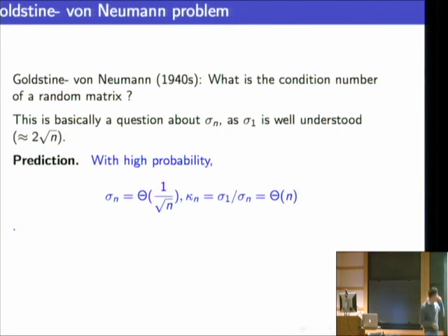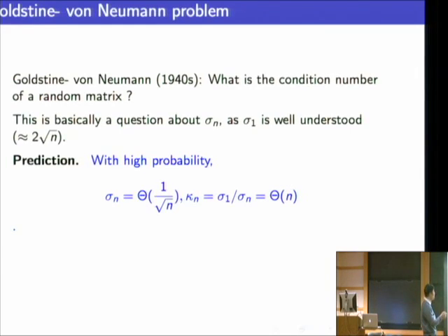Okay, so the problem was raised very early, at the time when computers began to be built, by Goldstine and von Neumann in the 1940s. I think they discussed it here, both of them were at the Institute at the time.